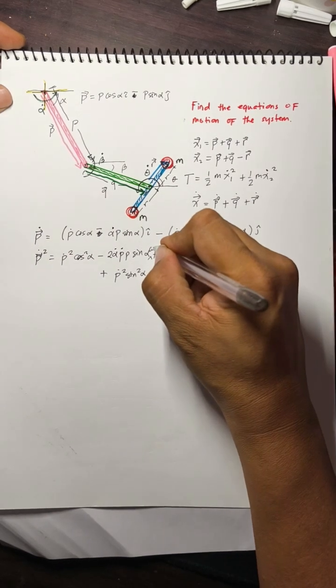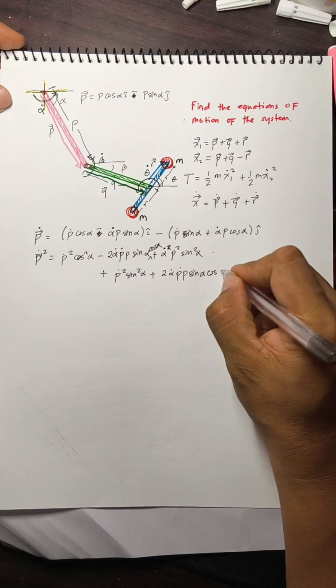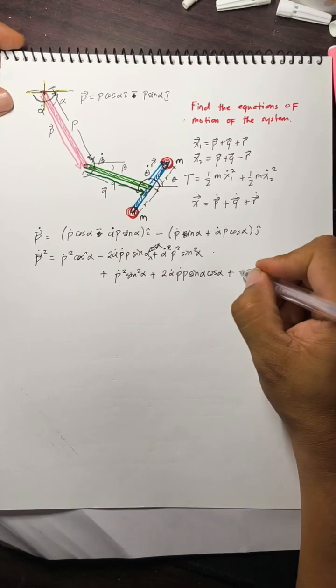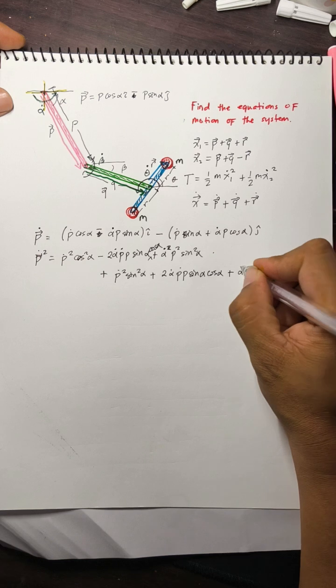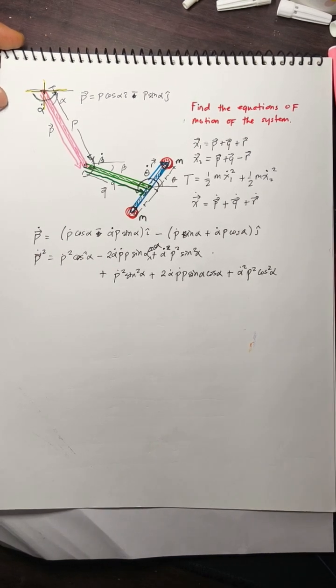Okay, sorry, there is a cosine alpha here. Okay, sine alpha cosine of alpha, plus you would have alpha dot squared p squared cosine squared alpha.